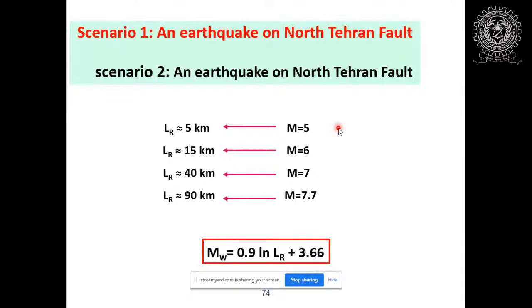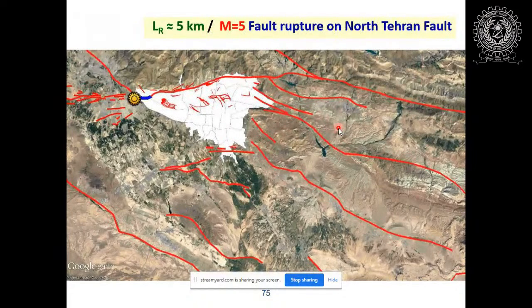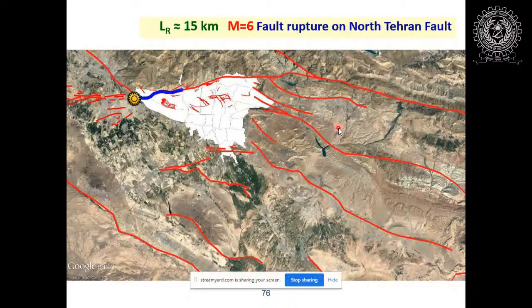Two scenarios we worked on. One was the northern fault with a possible magnitude 5, magnitude 6. You see that the blue line is the possible rupture we expect to produce such an earthquake. And this is magnitude 7.